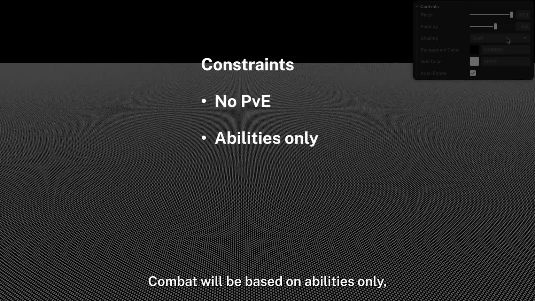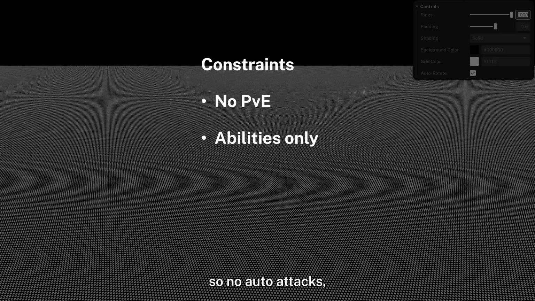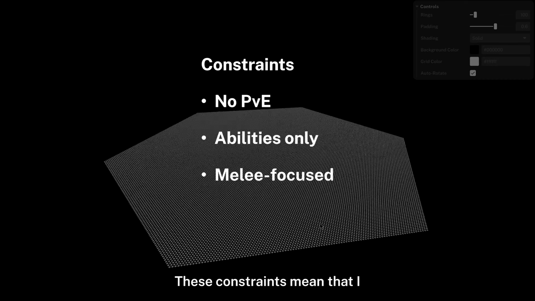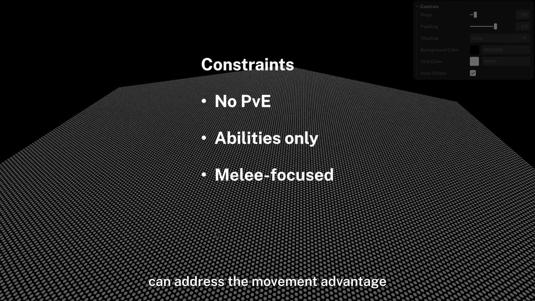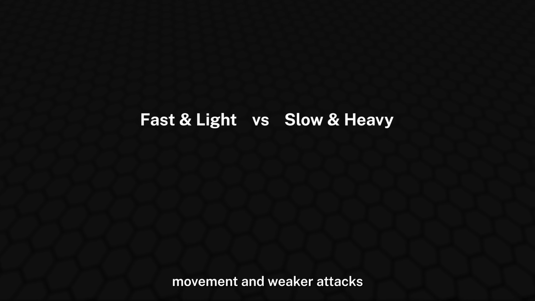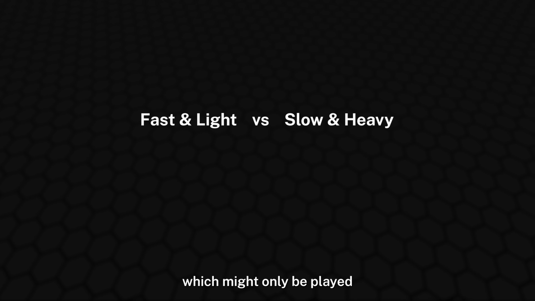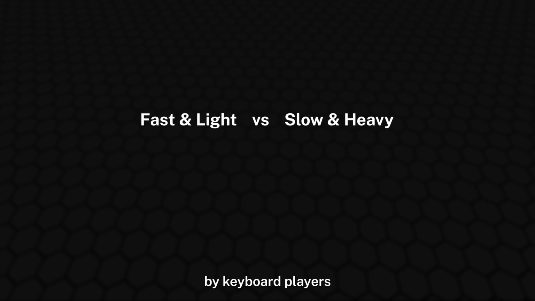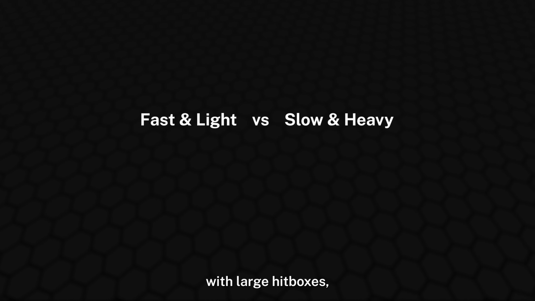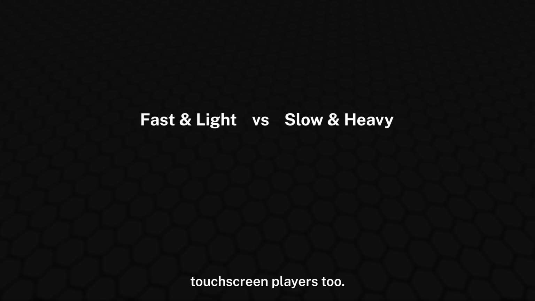Combat will be based on abilities only, so no auto attacks, and the game will revolve around sword fighting. These constraints mean that I can address the movement advantage by balancing classes that have fast movement and weaker attacks with smaller hitboxes, which might only be played by keyboard players, against classes with slower movement and stronger attacks with large hitboxes, which can be enjoyed by touchscreen players too.